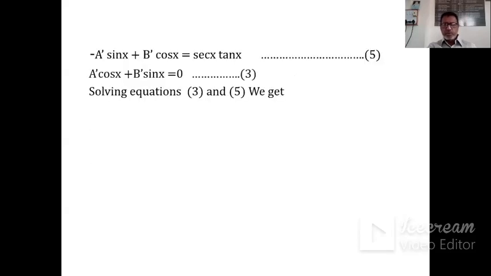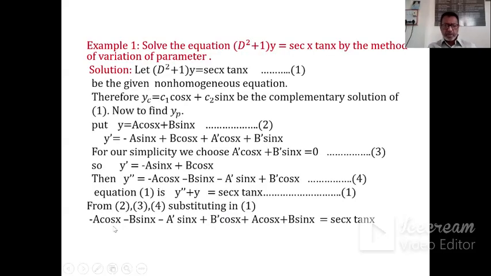Now collect the coefficient of A and the coefficient of B. Minus A cos x plus A cos x is 0, minus B sin x plus B sin x is 0. What remains on the left hand side? Minus A dash sin x plus B dash cos x. This is equal to sec x tan x.